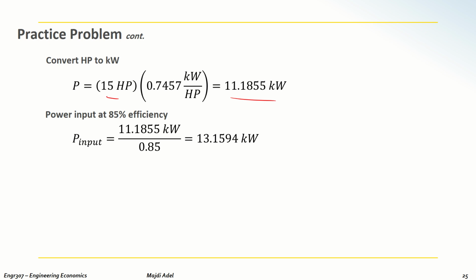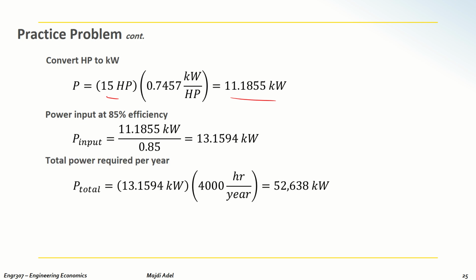Now, since the efficiency is 85%, the actual power I have to put into the electrical motor, or its electricity consumption, is going to be the output power divided by the efficiency 0.85. So the actual power input into the motor is 13 kilowatts. Now the total power required is 13 kilowatts multiplied by 4,000 hours per year, so the total power consumption will be 52,638 kilowatt-hours per year.